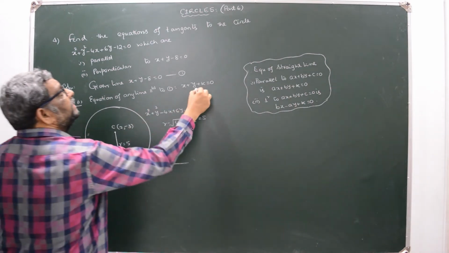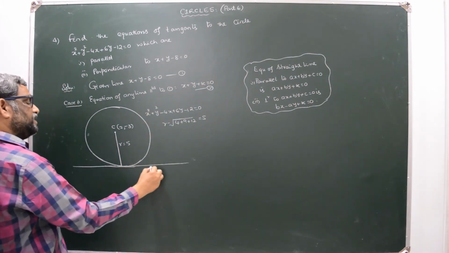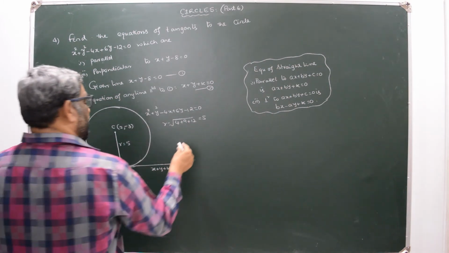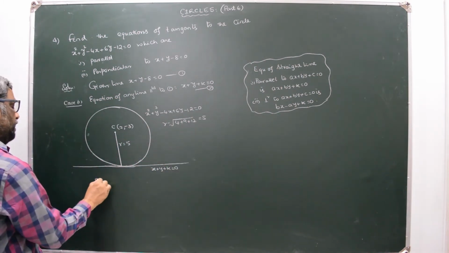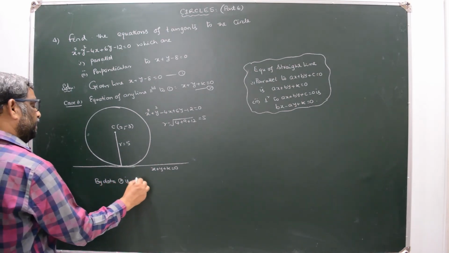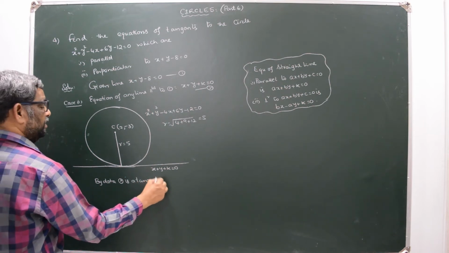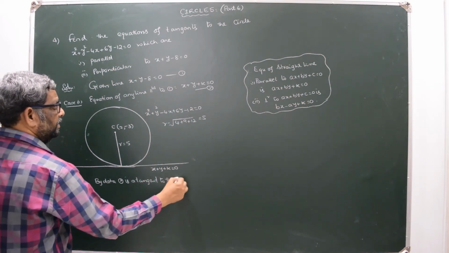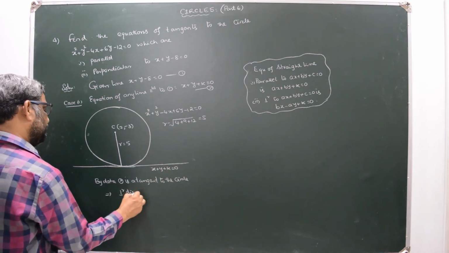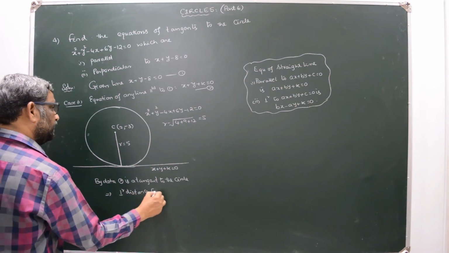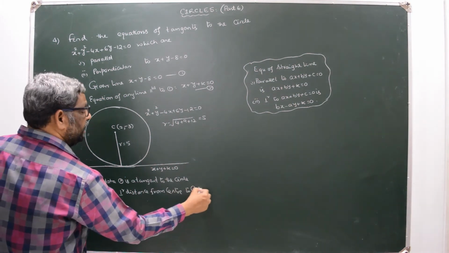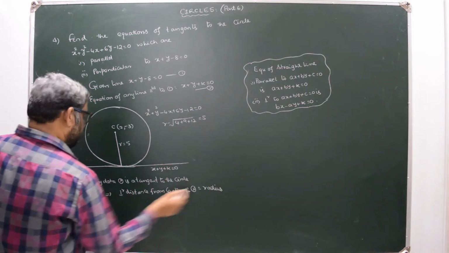Now it is given that this line 2 is a tangent. So x plus y plus k equal to 0 is a tangent. By data, 2 is a tangent to the circle. It implies the perpendicular distance from the center to 2 is equal to the radius.